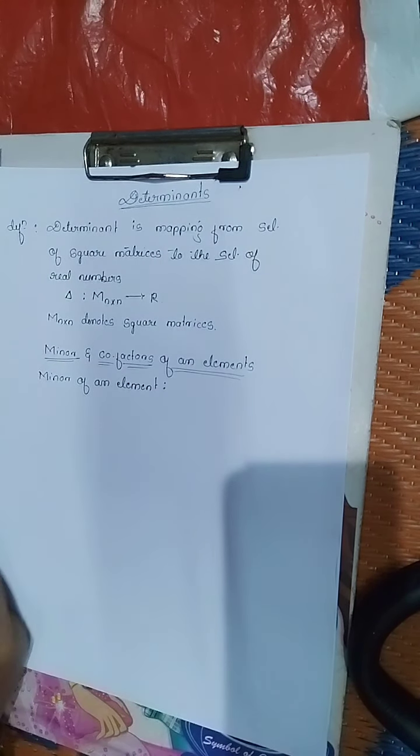The minor of an element in the determinant is obtained by leaving the row and column in which it occurs.